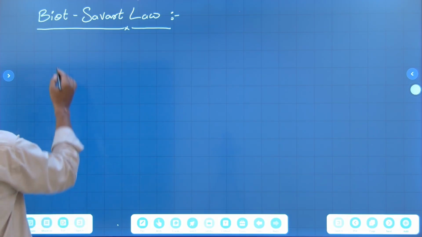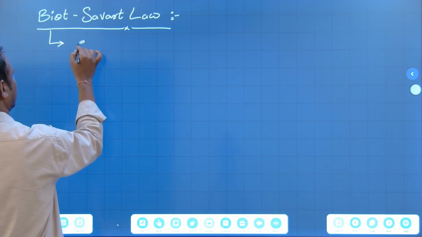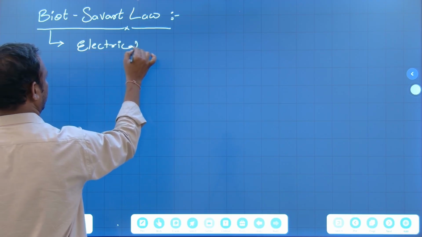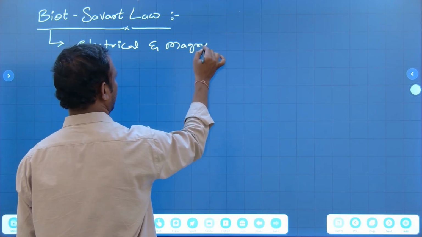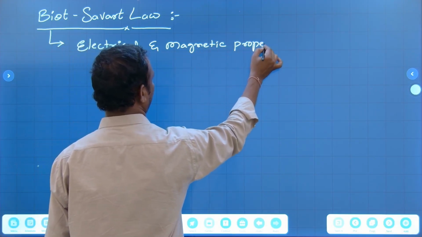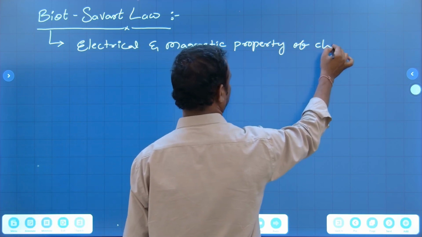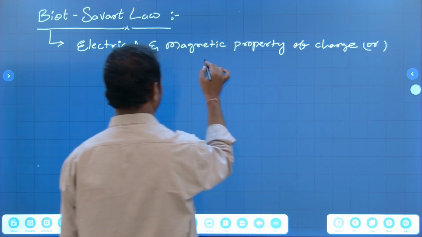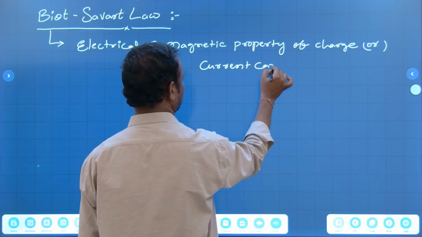This Biot-Savart law explains about electricity and magnetism, the magnetic property of a charge, or a current carrying conductor.